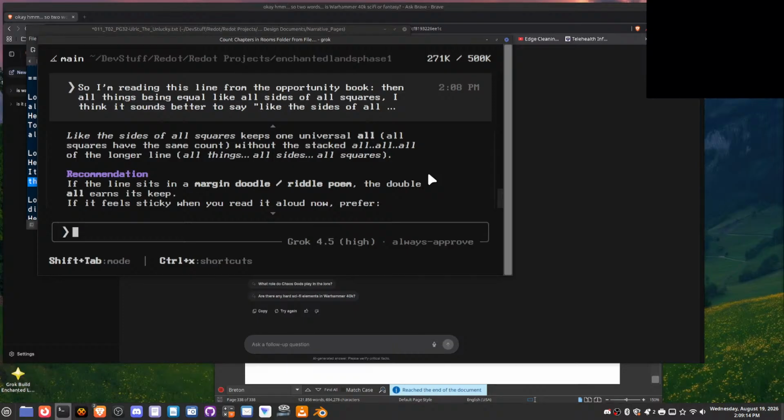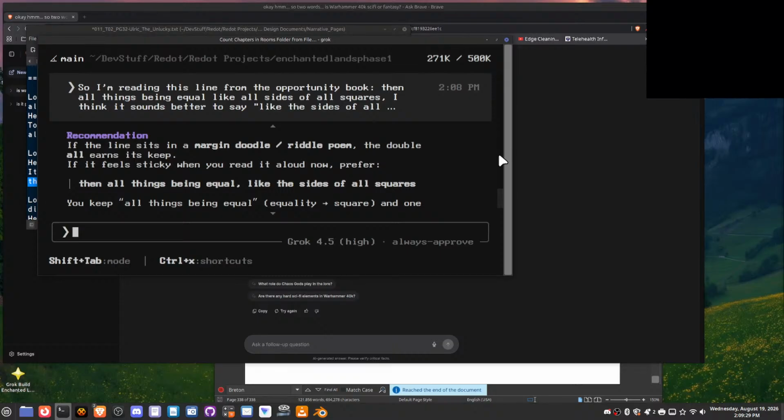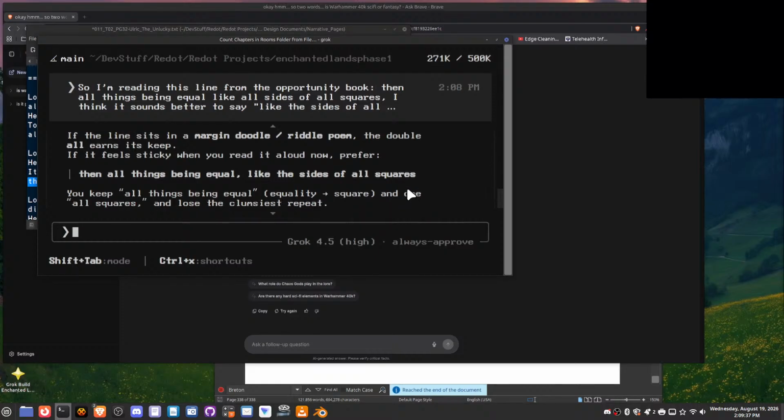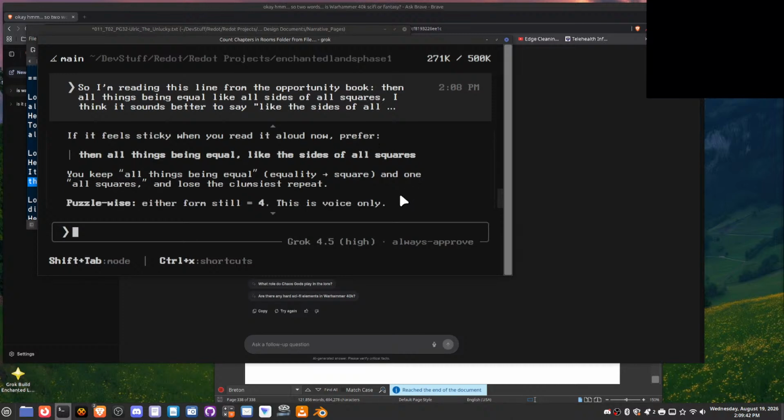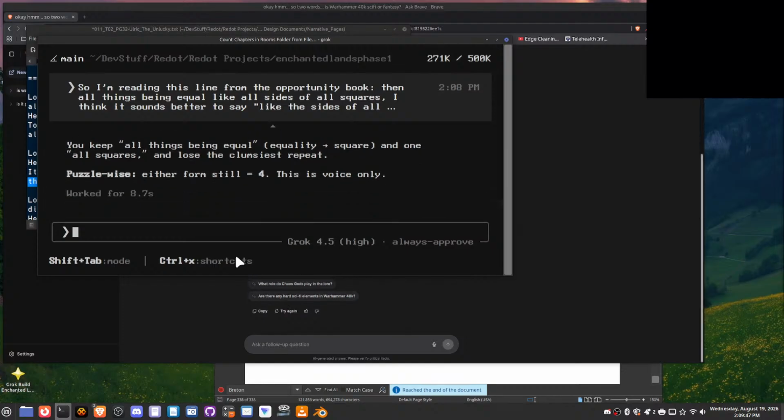Keeps the one universal all. All squares have the same count without the stacked all. If of the longer line, all things, all sides, all squares. If the line sits in the margin due to a riddle poem, the double all earns its keep. If it feels sticky when you read it aloud, now prefer keep all things being equal, equality square, and one all squares, and lose the clumsiest repeat. Otherwise, either form still this is voice only.